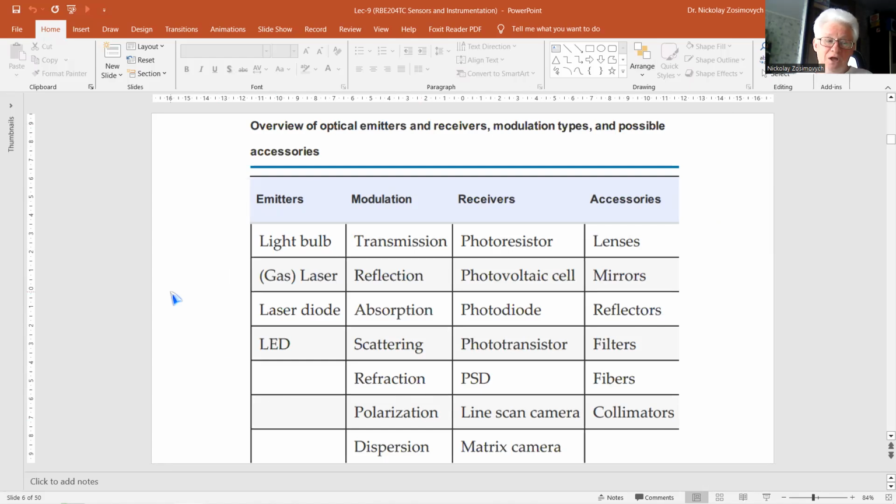The same table also gives various types of emitters, receivers, and possible accessories that may build up the optical sensing system. Clearly, the large number of combinations gives the designer much freedom in choosing the best solution for the intended application.